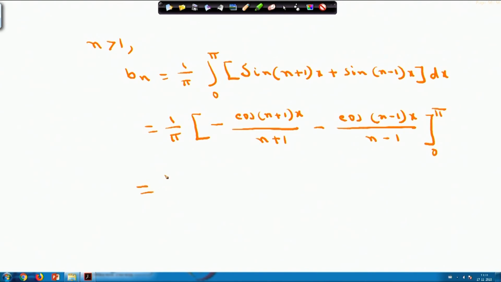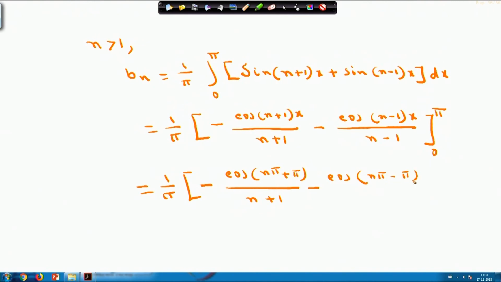And this equals 1 by pi into minus cos of n pi plus pi by n plus 1, minus cos of n pi minus pi by n minus 1, and for 0 it will be plus 1 by n plus 1 plus 1 by n minus 1.